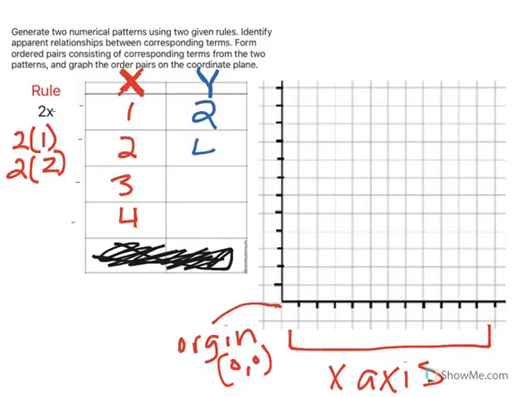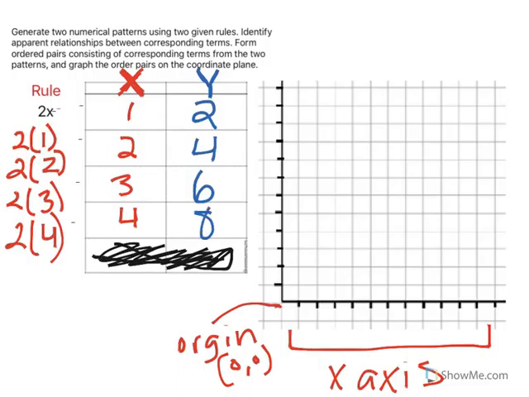So our y is 4. Now we have our x is 3. So when our x is 3, it's 2 times 3, you know this because of the rule, is 6. So our y-coordinate is 6. And we have x equals 4. Because of our rule, once again, it is 8 for our y-coordinate.